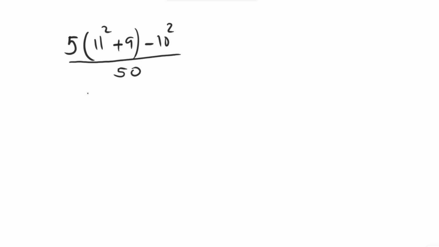All right, over 50. This is what we have here, and we're going to try to find out what to do first. We get 11 square plus 9 minus 10, and 5 factor 11 square plus 9.